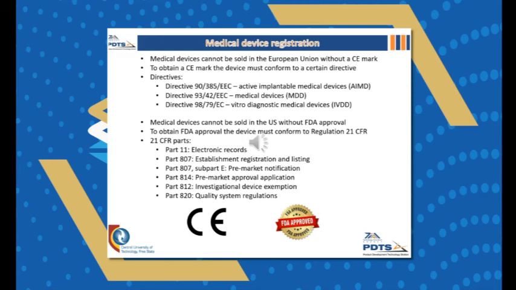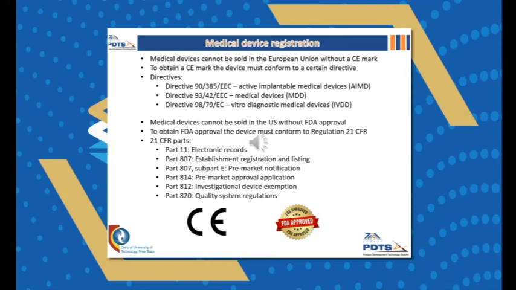These are medical devices which are implanted into your body which use electricity. Directive 93 deals with medical devices, and these can be any and all medical devices. Directive 98 deals with in vitro diagnostic medical devices. These are devices that perhaps penetrate your skin to diagnose a certain illness.